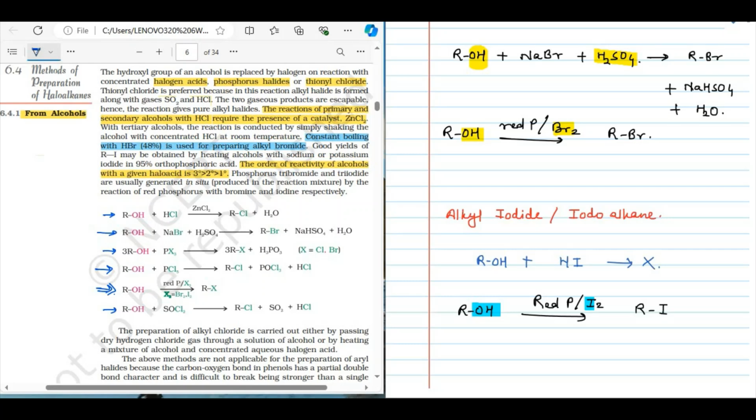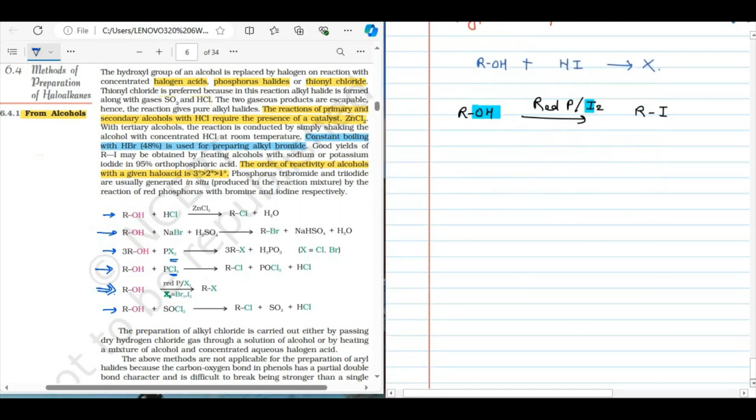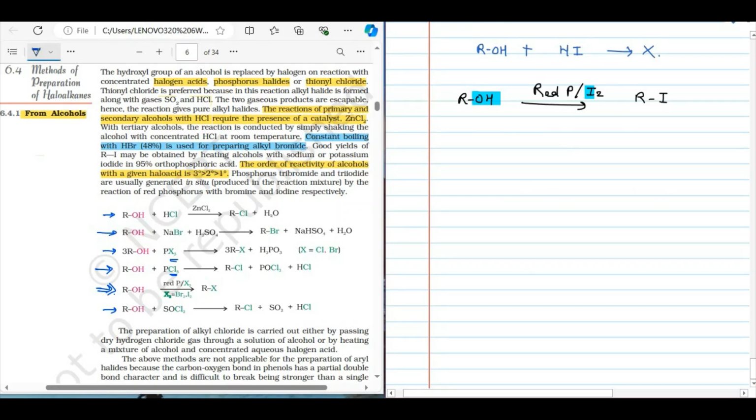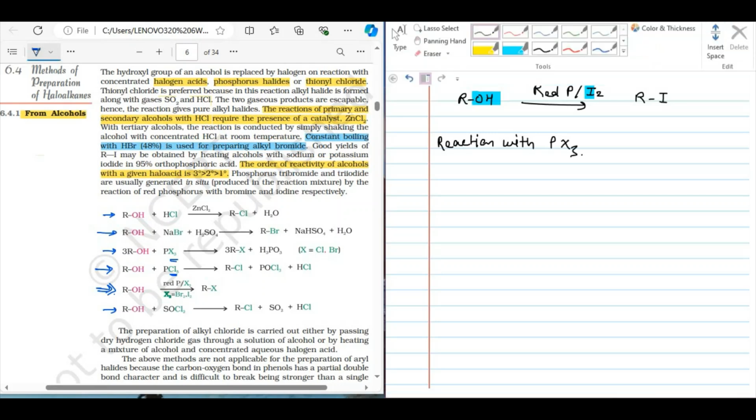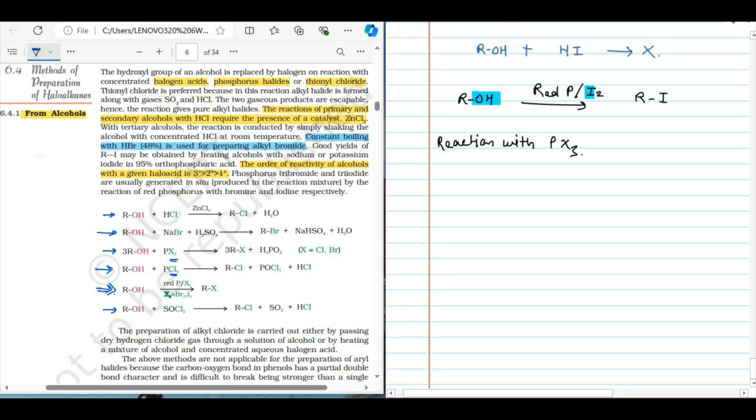So let's discuss the reaction with phosphorus trihalide and phosphorus pentahalide. Reaction with phosphorus trihalide. When phosphorus trihalide reacts with alcohol.